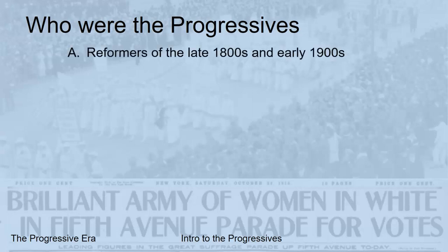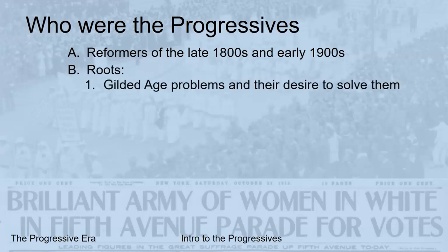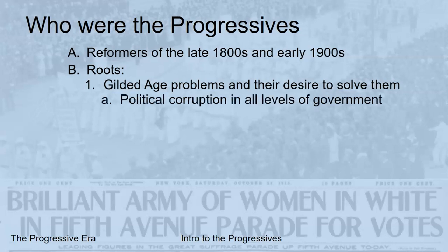Okay? The progressives were the reformers of the late 1800s and early 1900s. They had their roots in all of the Gilded Age problems that existed. And what the progressives wanted to do is not only identify those problems, but also come up with solutions.